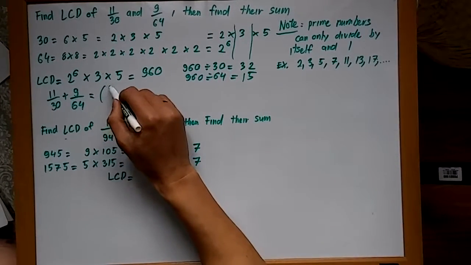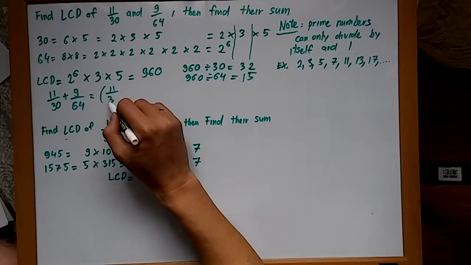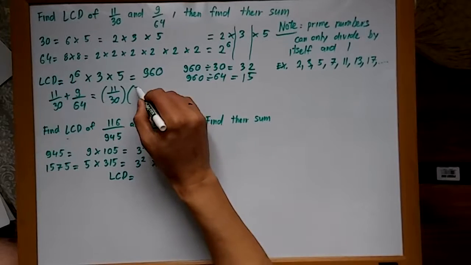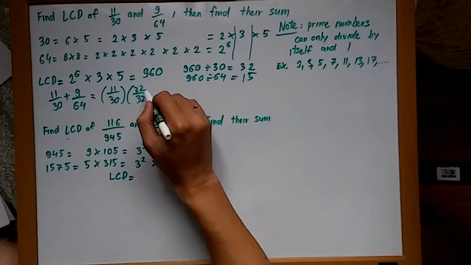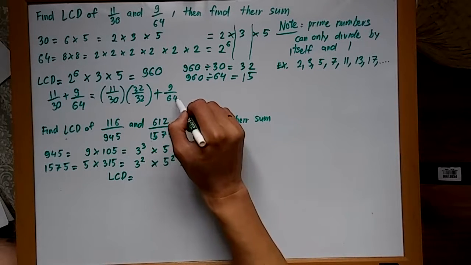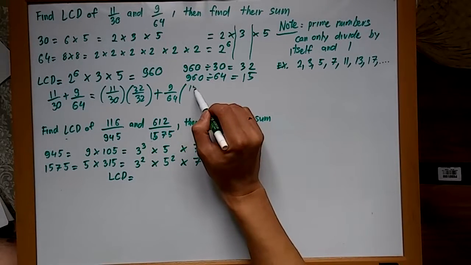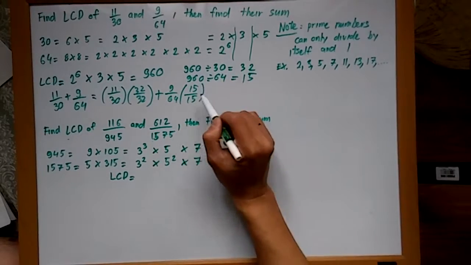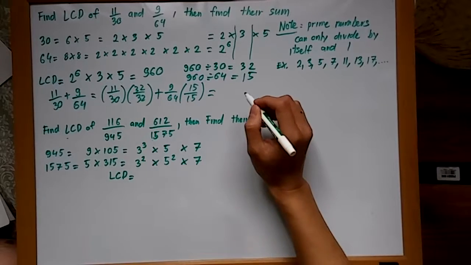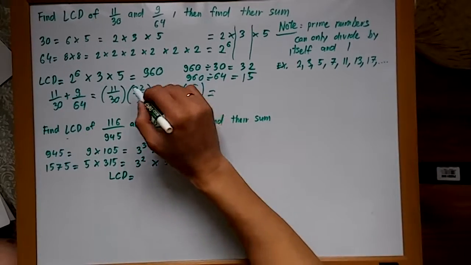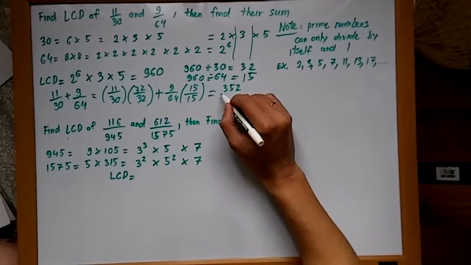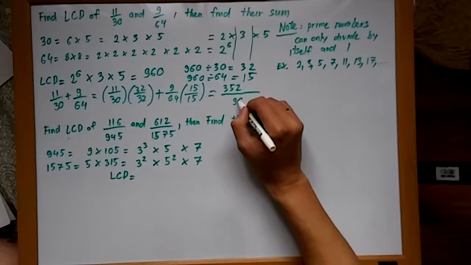So let's see, we write this expression here, 11 over 30 times 32 over 32. Remember, we're just multiplying by 1 here. Plus 9 over 64 times 15 over 15, and then just multiply across. 11 times 32 is 352 over 960.